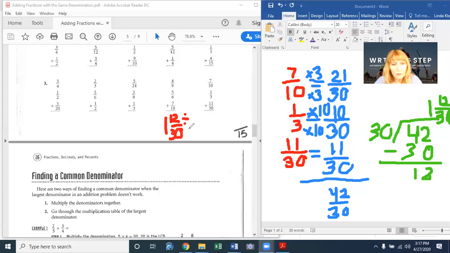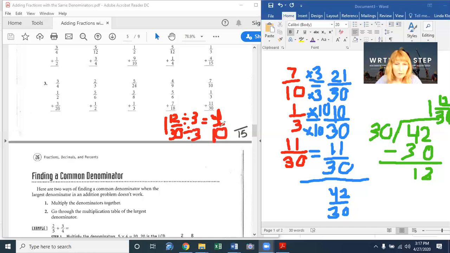See if you can think of it. Yeah, 3. 12 divided by 3 equals 4. And this will be my 4. Going really slow. 30 divided by 3 equals 10.